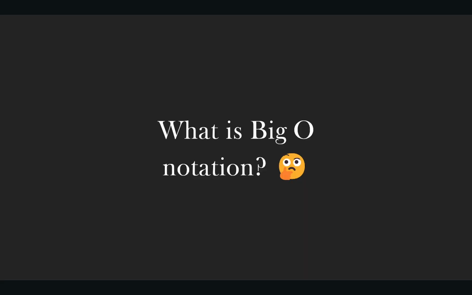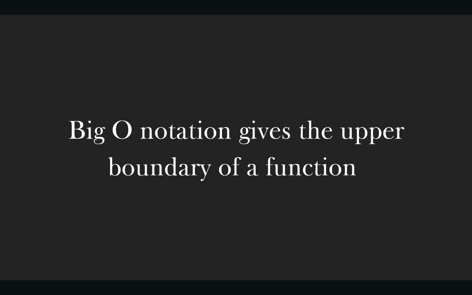So let's start. What is big O notation? Big O notation gives us the upper boundary of a function. If you have seen functions and graphs before, they vary between values. They go up and down. And big O notation gives us an upper boundary for those functions.